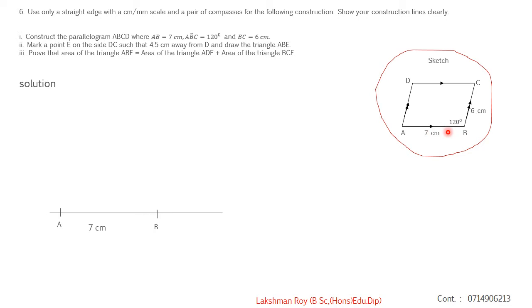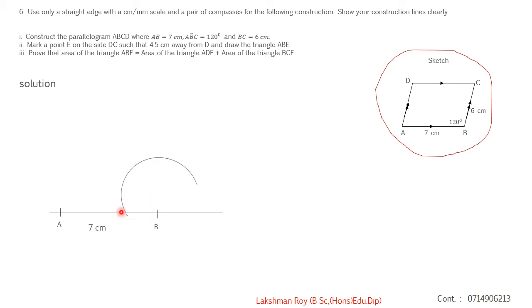Now then you have to construct, right? Now we are going to construct the 120 degree angle. To construct the 120 degree, first you have to keep the point of the pair of compasses at point B, right?